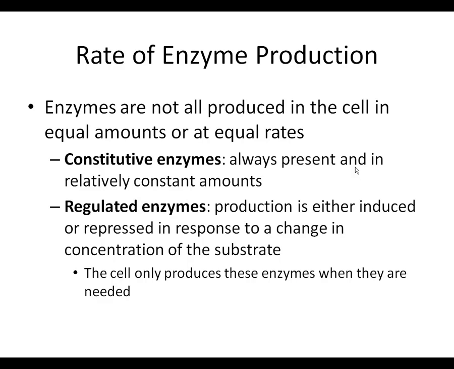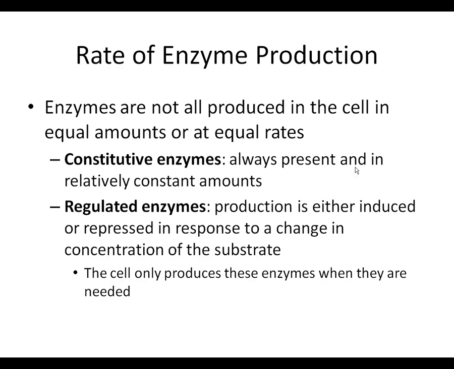Enzymes have a rate of reaction, and not all of them produce equal amounts of product at equal rates. You have enzymes that we call constitutive enzymes, and these are always present in a relatively consistent amount. These enzymes are never turned off. They are never regulated. But we do have some enzymes that are regulated because we only need their products at certain intervals.